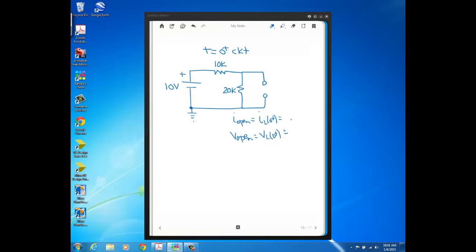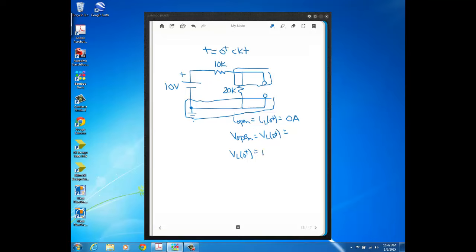that's the voltage across the inductor at t equals 0 plus. Okay, what should be easy is, we've seen this many times, that current for an open is 0 by definition. Okay, and then we can find VL at t equals 0 plus just by using voltage divider, right? Because the voltage across this open is the same voltage as what's across the 20k, since the open and the 20k are in parallel.